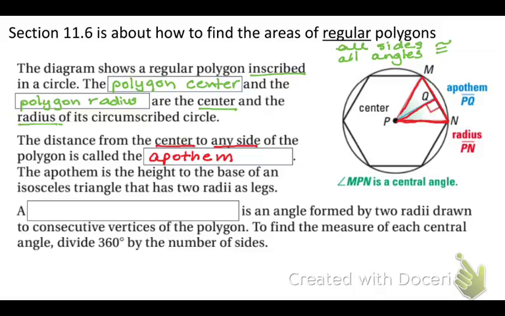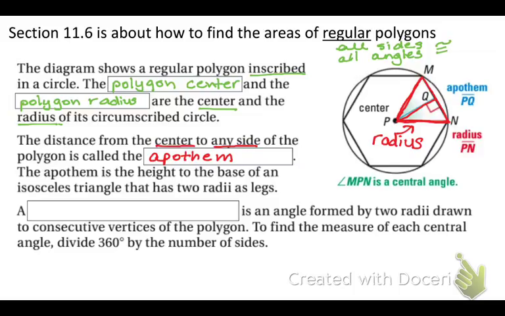So notice also that the legs of the isosceles triangle, PN and PM, are radii. You should be making these notes on your paper to make sure that you understand what parts are what.